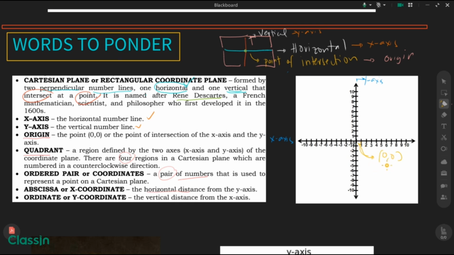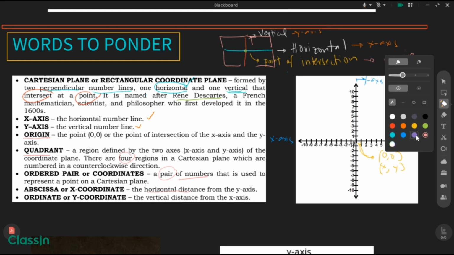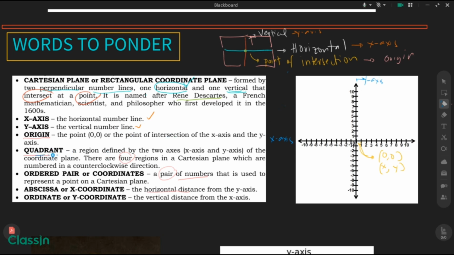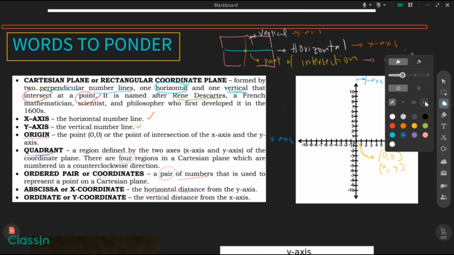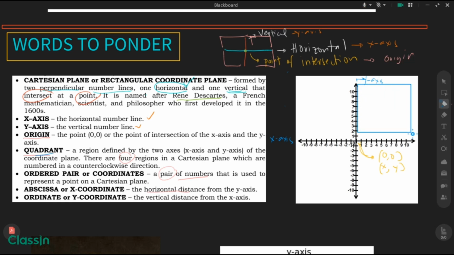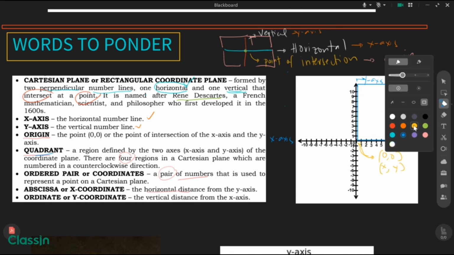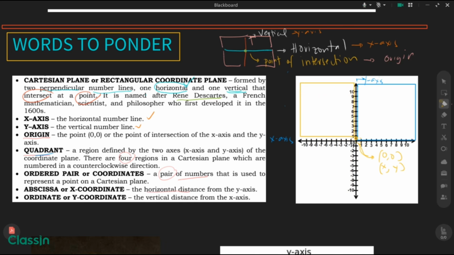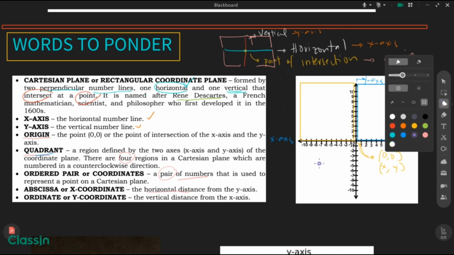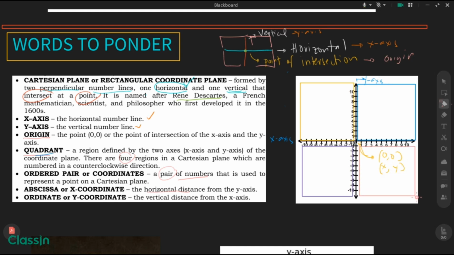So the abscissa is 0 and the ordinate or the y-coordinate is 0 also. Okay, and of course we also have quadrants. We have 4 quadrants. So this is a quadrant, quadrant, and a quadrant, and a quadrant.